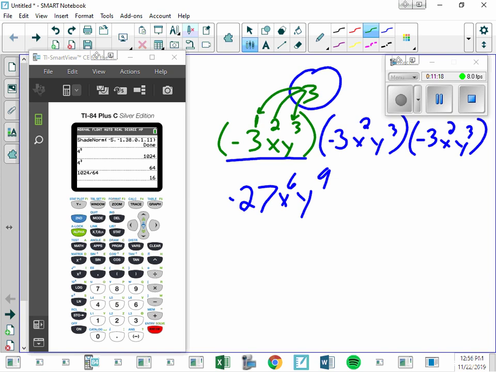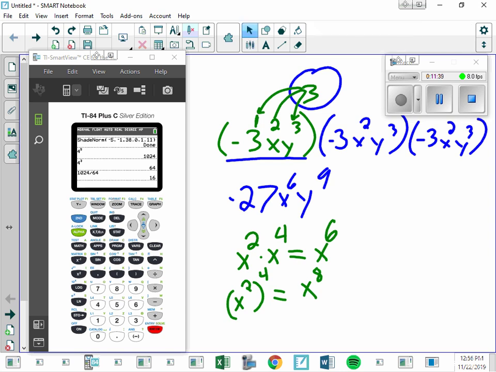Okay? So if I had x squared times x to the 4th, I have a total of 6 x's. But if I have x squared raised to the 4th, now I have 8 x's. So that's a really important distinction. X squared times x squared, I just count the x's. 2 x's there, 4 x's there, 6 x's total.